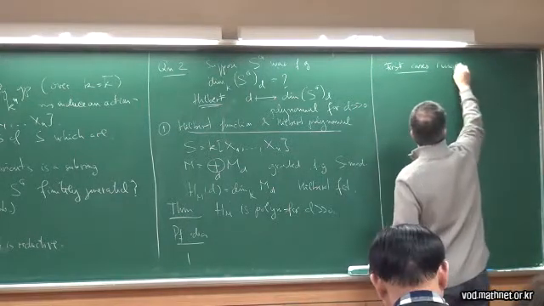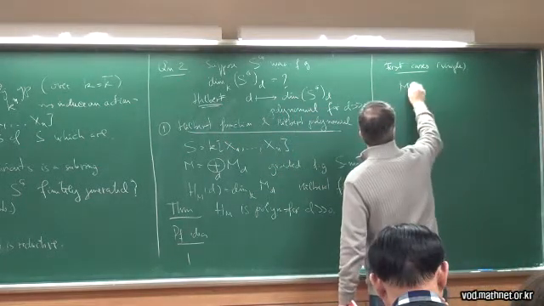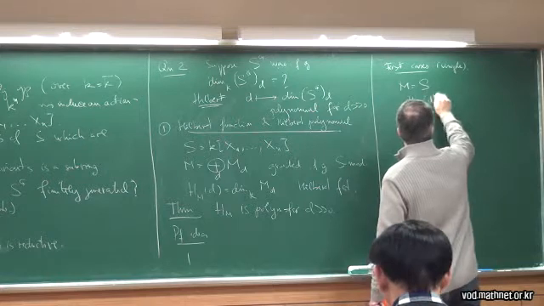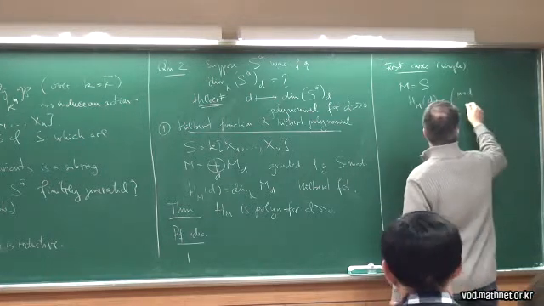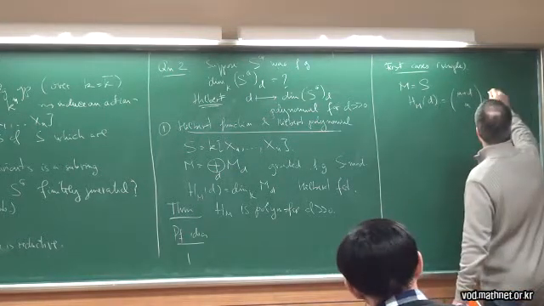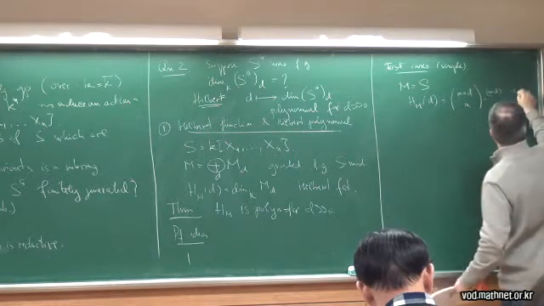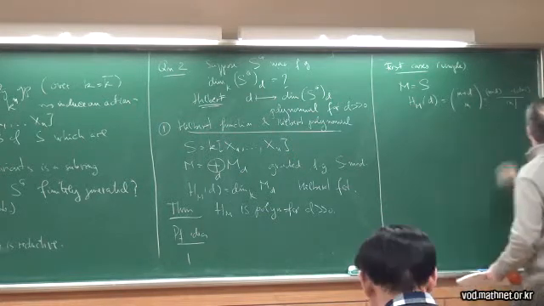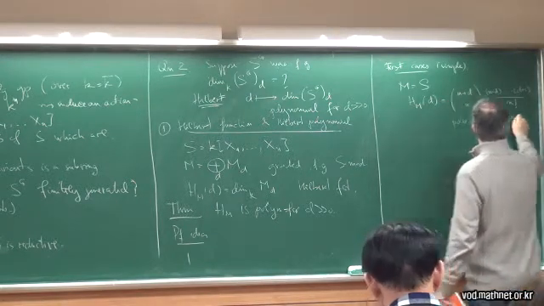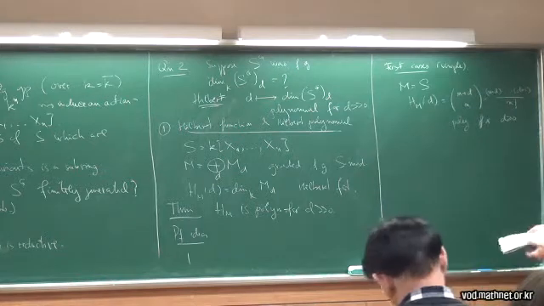If M was S, then it's pretty clear that H_M(D) is (N+D choose N), and this is polynomial, so we can write it as (N+D)...(D+1) over N factorial, and this is a polynomial for any D bigger than or equal to 0. And this is 0 if D is lower than 0.